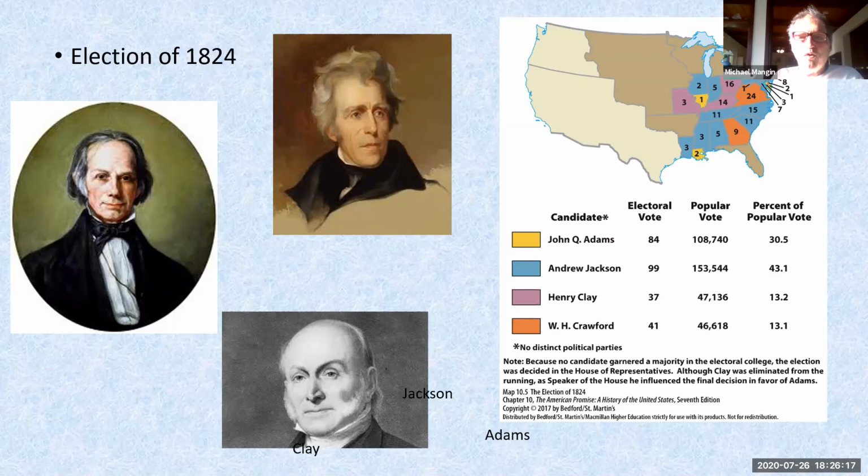But by 1824, the party that had been the Universal Party of 1820 had split into factions, with John Quincy Adams running from Massachusetts, Andrew Jackson running from Tennessee, Henry Clay running as the most important American politician who never became president, I believe, and William Crawford of Georgia, who suffered a stroke during the campaign but still got 41 electoral votes.